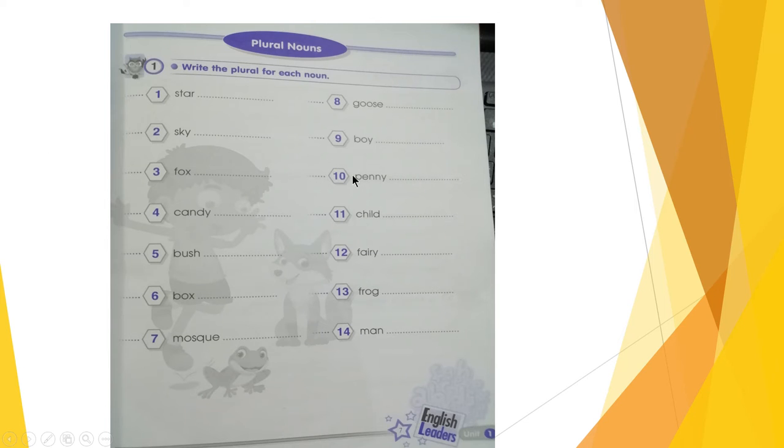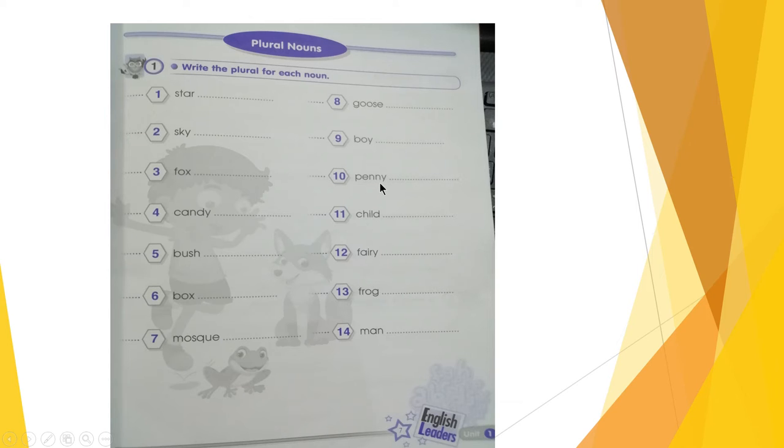Okay. Now let's move to penny. Penny ends with what? With y. Okay. So it follows which rule? Rule number 3. Yes. So it ends with y preceded by a consonant. بتنتهي ب y مسبوقة بحرف ساكن.